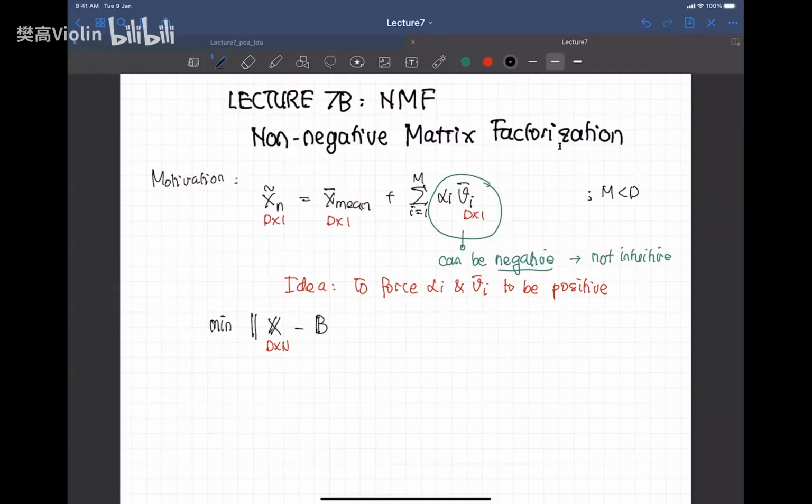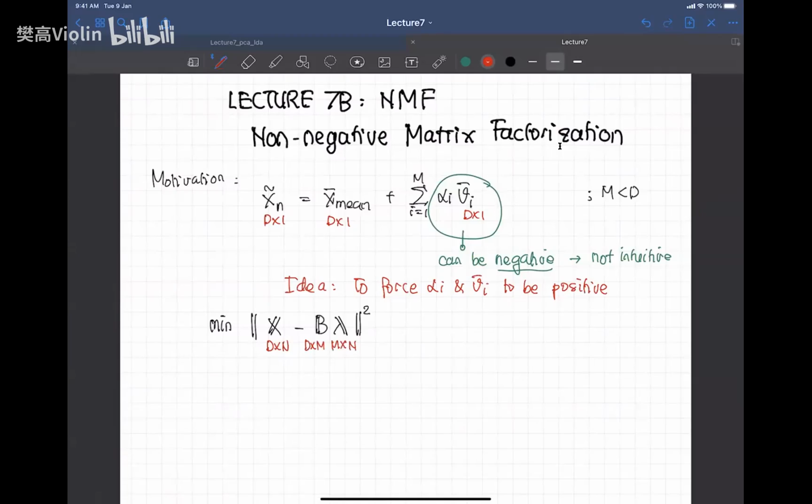So that's B, but basically the same as V. And lambda here is also positive. Okay, so the whole thing is D by M, because we reduce the dimensionality, and M by N.